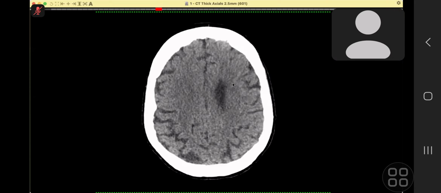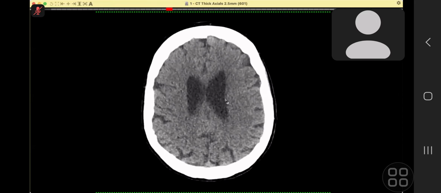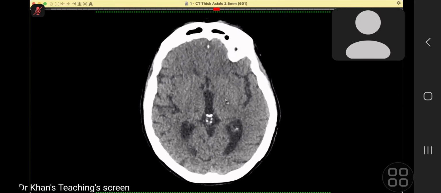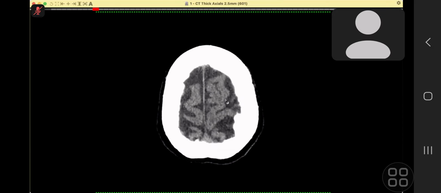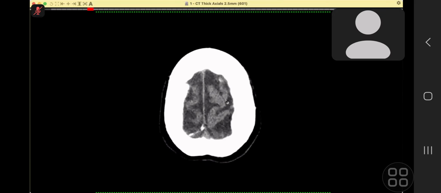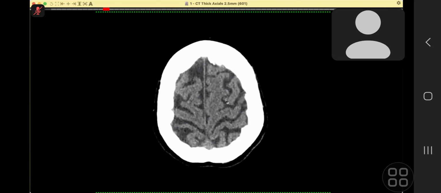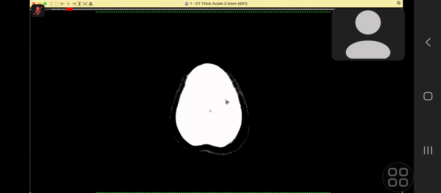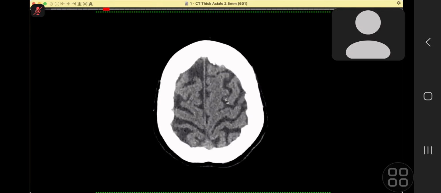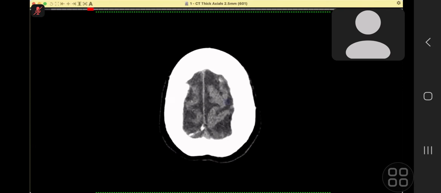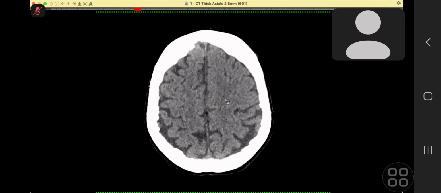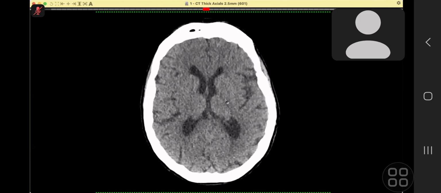So I've been provided with the NCCT sections, brain sections of this elderly patient who has sustained injury and is on anticoagulants. So I'm going from top to bottom.